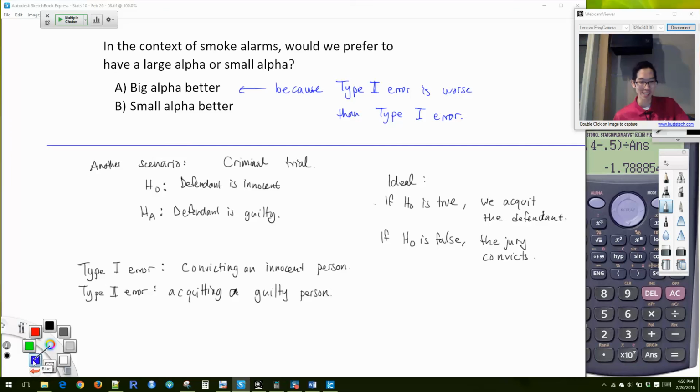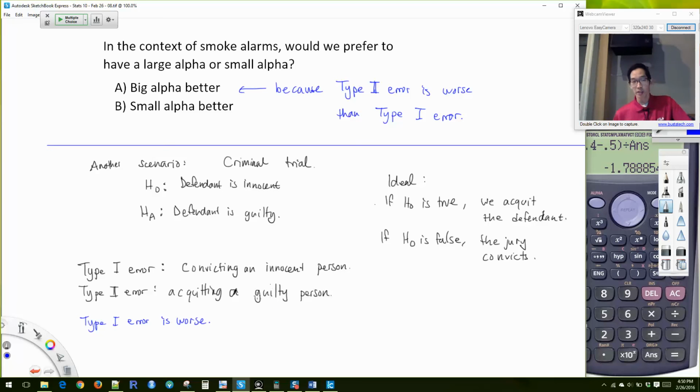Depends on the situation. Well, at least with the way our justice system is set up, it says the type 1 error is worse: that convicting an innocent person is worse than acquitting a guilty person. Maybe there's some debate here, but we say the type 1 error is worse.